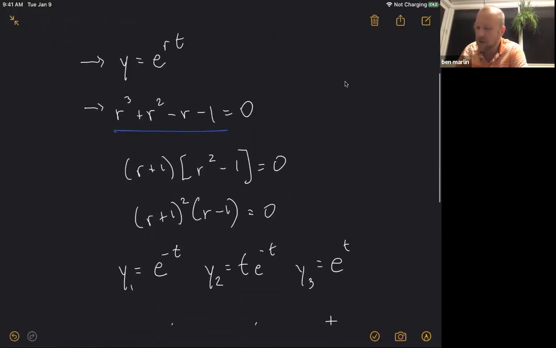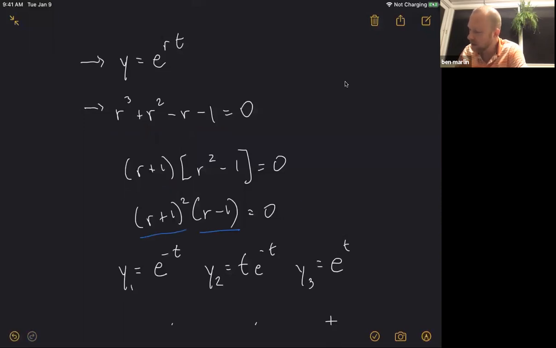Now that polynomial, I can see that there is going to be an r plus 1 as a factor of those two pieces there. So I factor it out, and I end up with an r squared minus 1. Well, r squared minus 1, of course, is a difference of squares. And so we end up with 2 factors of r plus 1, and then 1 factor of r minus 1.